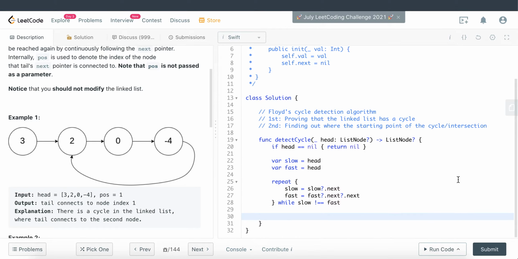This first part is just to prove that the linked list has a cycle. When they intersect the first time, they are actually intersecting inside the cycle, right?